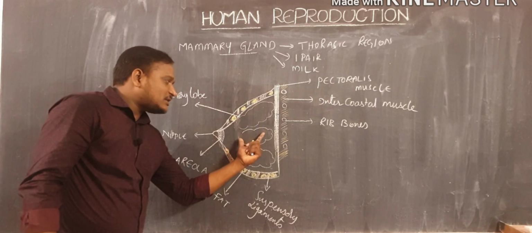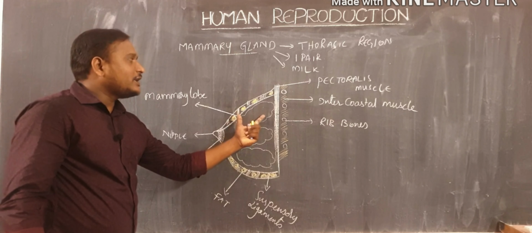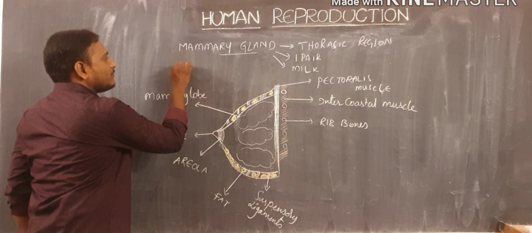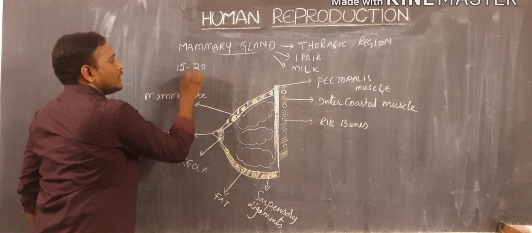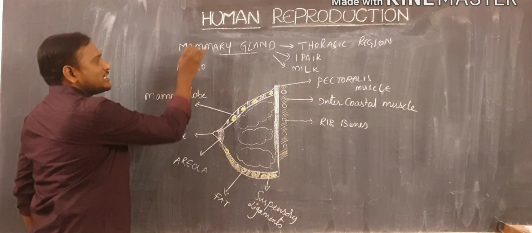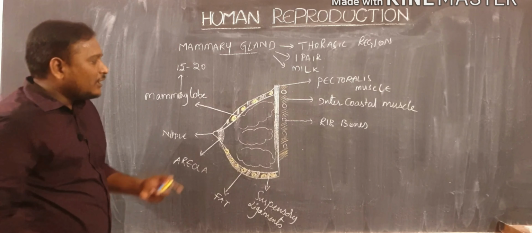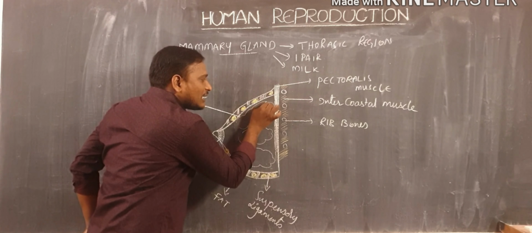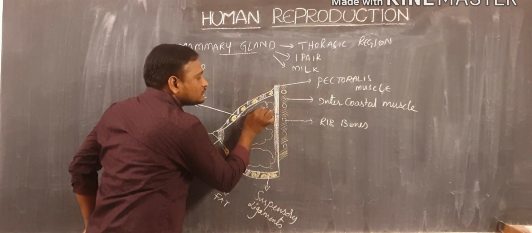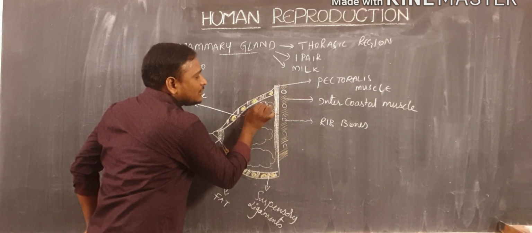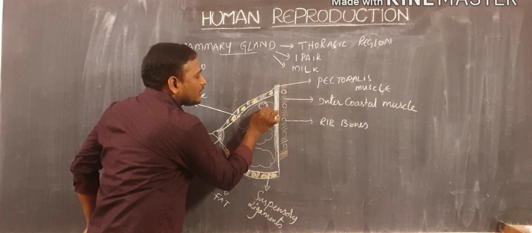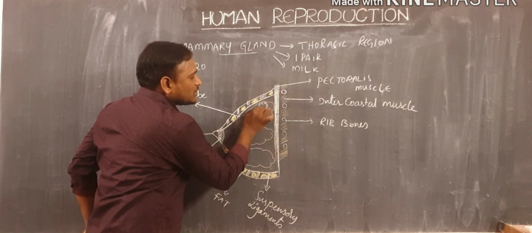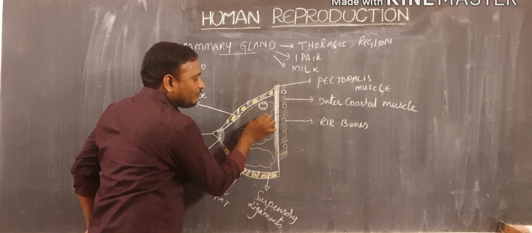Nearly 15 to 20 mammary lobes are present in each mammary gland. When we observe the inner side, there is a cluster of cells, that means cells gathered at one place forming a group.